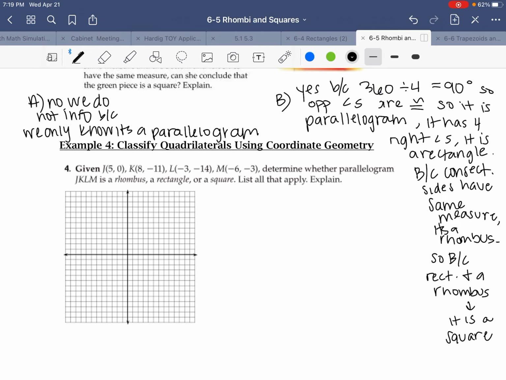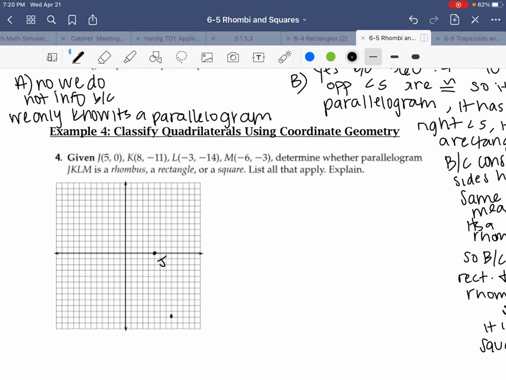Sorry for taking you guys all the way down to the bottom. So now we want to take all of this and apply it to coordinate geometry. We're given 4 points. We are given J, which is 5, 0. We're given K, which is 8, negative 11. Let me make sure I count it all the way.